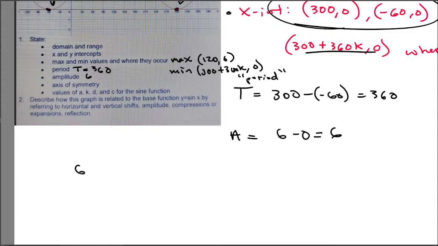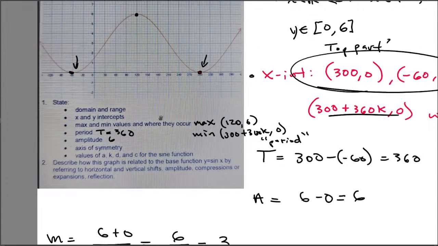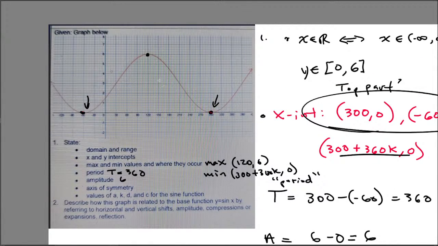So we'll do 6 plus 0 divided by 2. Let's call this the midline. And this is 6 divided by 2, which is 3. And so if you put the line y equals 3, that is going to give you this line. Which is the axis of symmetry, as they're calling it, or the midline. I don't think there's actually a symmetry in the sense that I'm thinking of it here. So I don't like the term axis of symmetry for that, but that's what they mean. They mean the midline.